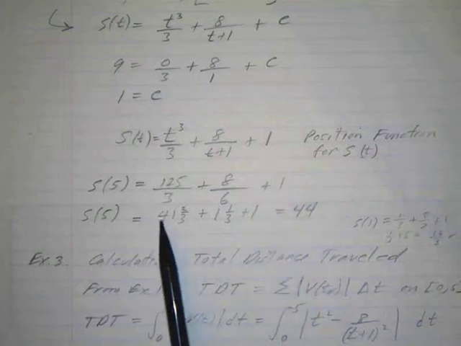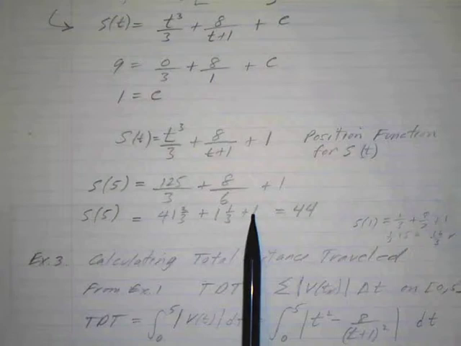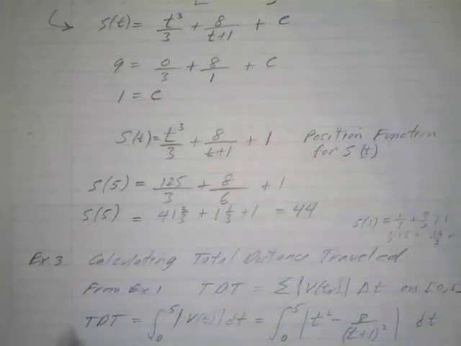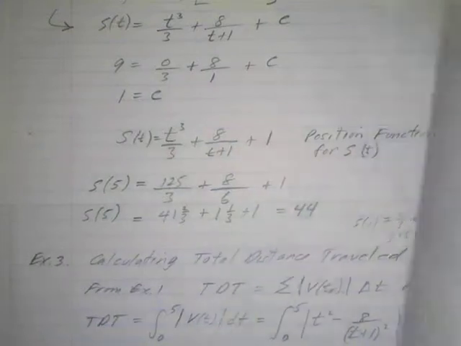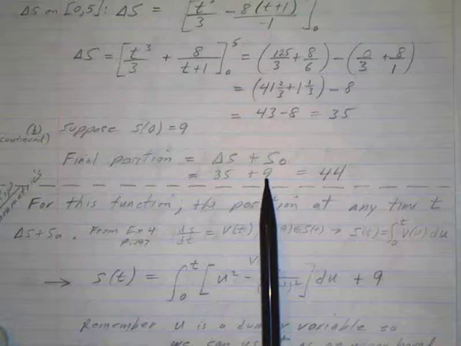The 41 and 2/3 looks familiar, and the 1 and 2/3 looks familiar, but this 1 is different because this takes into consideration the initial position. So we end up with 43 plus 1 is 44, and that's what we got in the previous problem. So go back and take a look at that. You see, you get the same thing. There's your delta S and your S sub 0, 44.